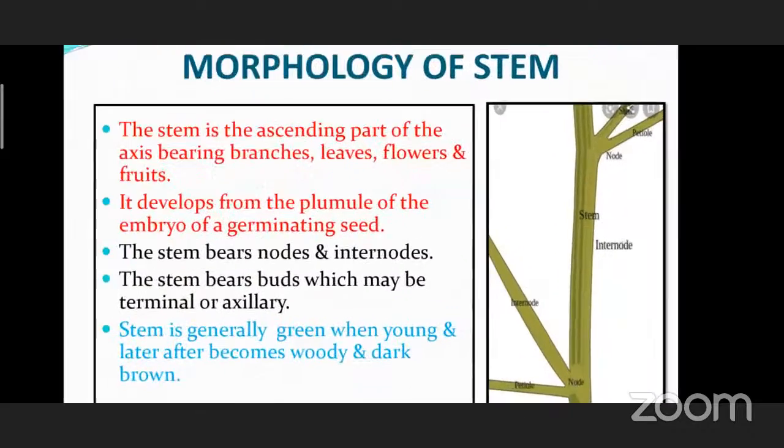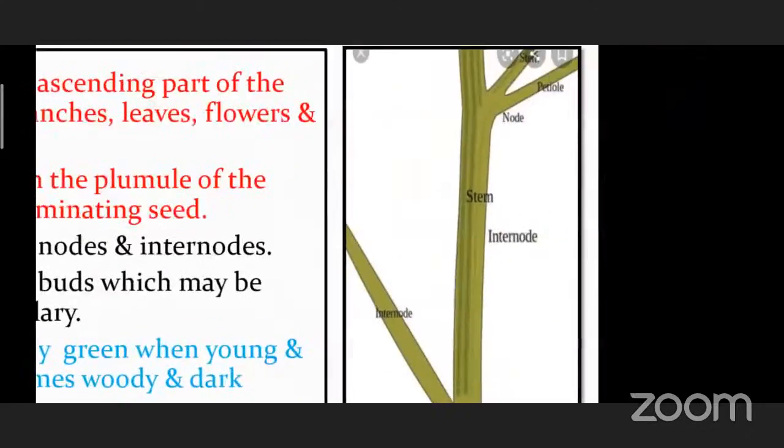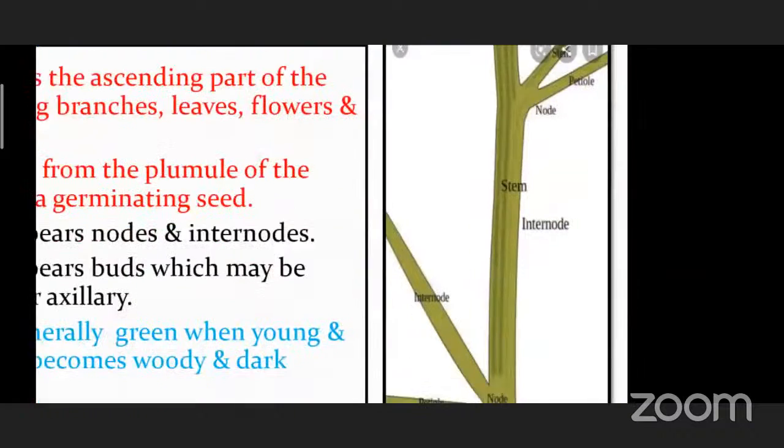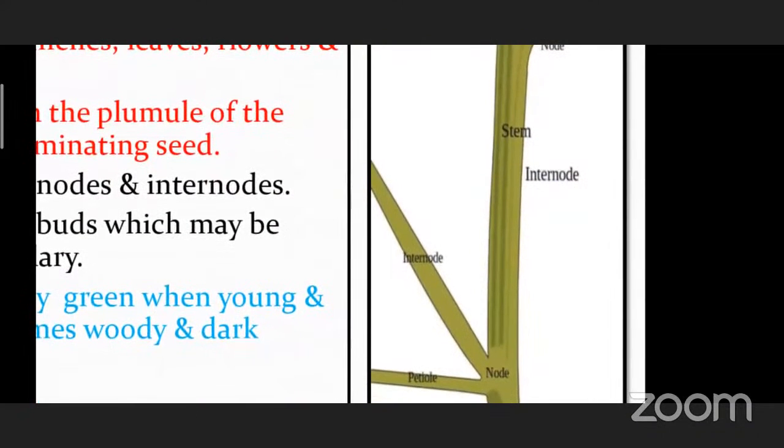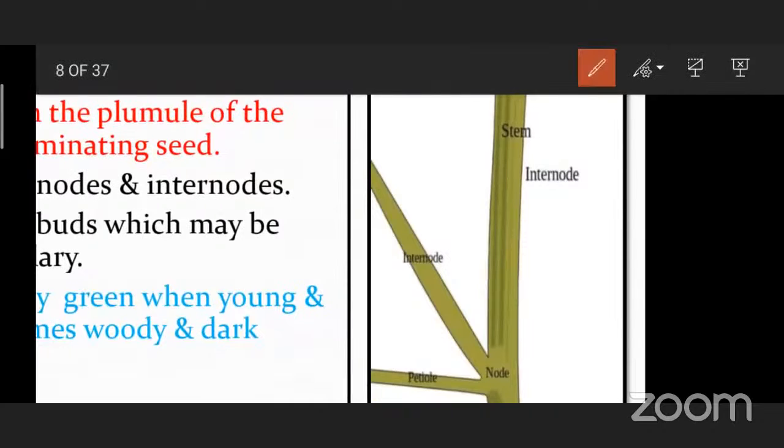See here, this is the stem. The stem is the ascending part of the plant axis. Root is the descending part of the plant axis, but stem is the ascending part of the axis.